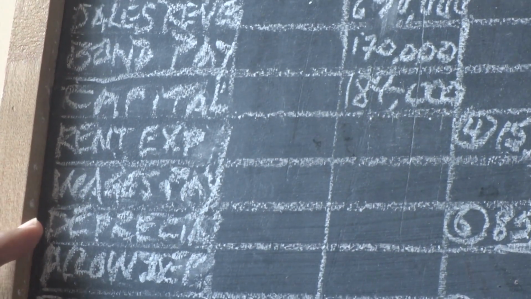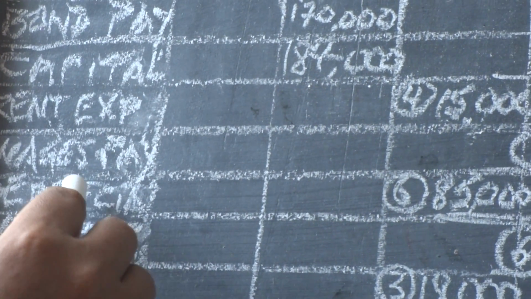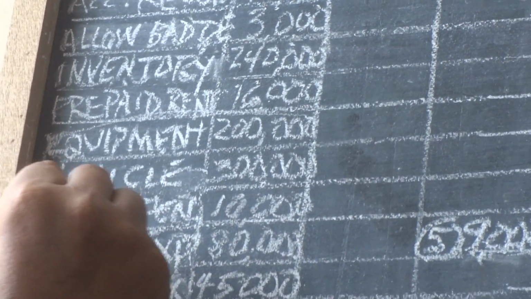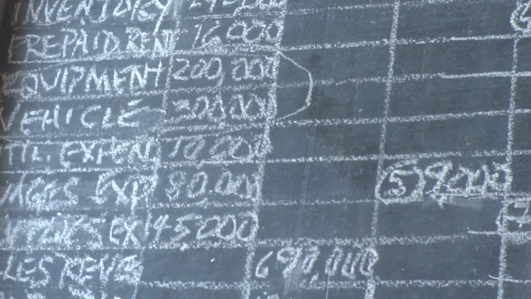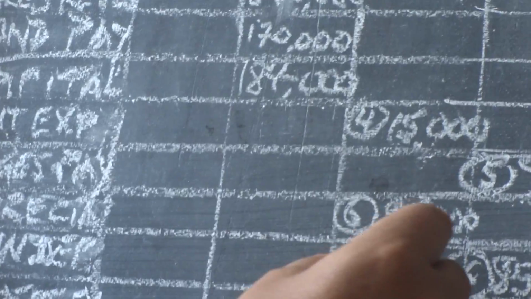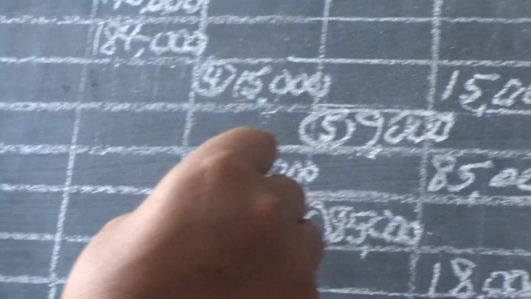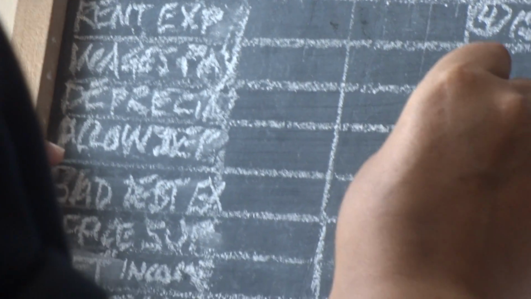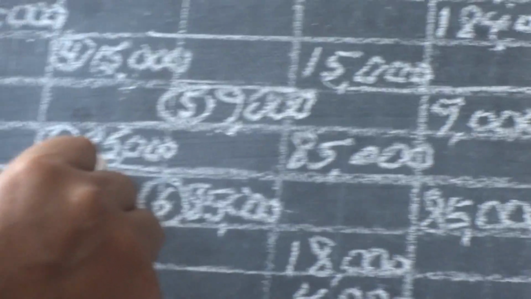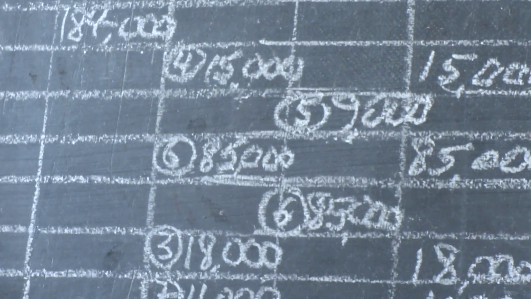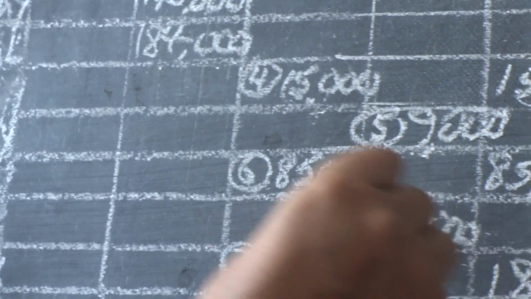Then we have the depreciation and allowance for depreciation. Depreciation is the loss of the value of the fixed assets, the equipment and vehicle. For that loss of value, the company has to make this allowance. It charged to the account depreciation $85,000 and allowance for depreciation $85,000.